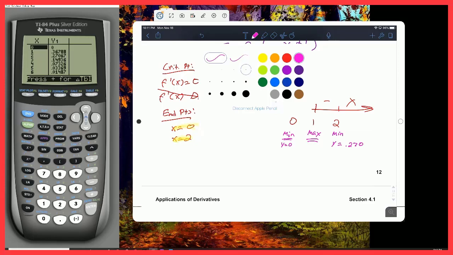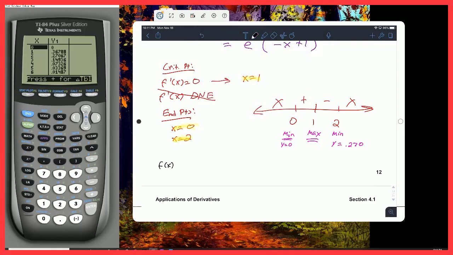So let's summarize. f of x has a maximum of, let's ask the trusty calc, 0.368 at x equals 1, and f of x has a minimum of 0 at x equals 0.